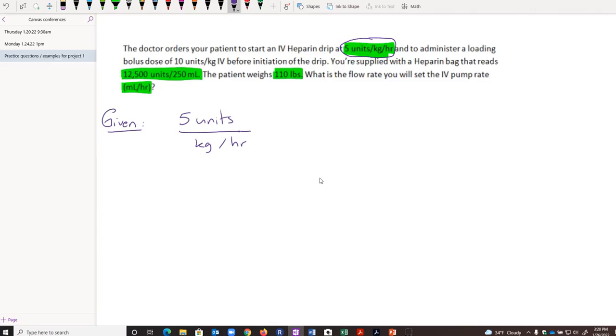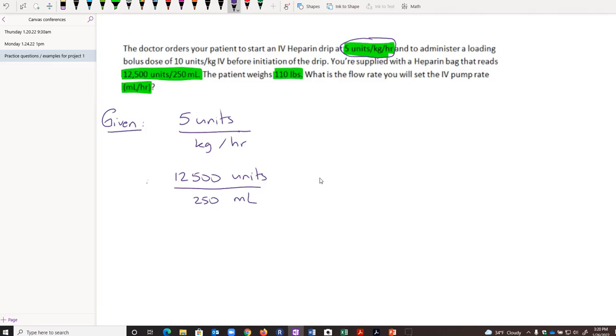So we're given that. We're also given a couple other things. So let's write those down actually. We're given the bag, the stock solution or the stock source of heparin reads 12,500 units per 250 mils. Okay, that's the thing you're going to work with.